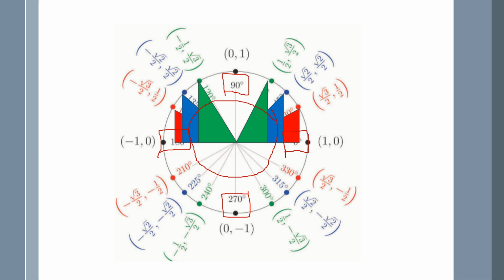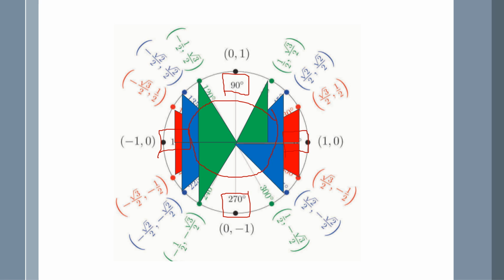And then 210 was 30, 225 was 45, 240 was 60. 330 was 30, 315 is 45, and 300 was 60. See how that all falls into place? Nicely done.